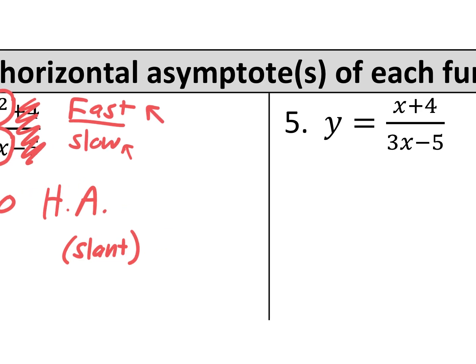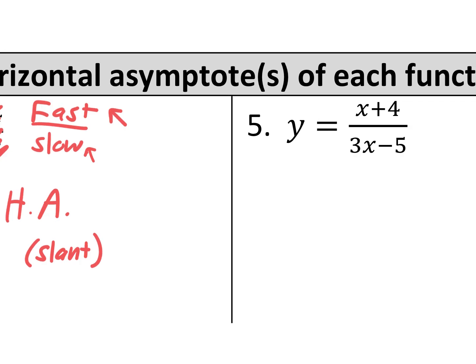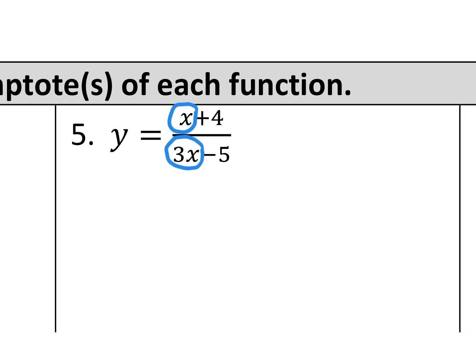All right, let's think about the next one. What's our highest exponent on top? 1, so I'm going to circle whatever has that. What about the bottom? How do the top and the bottom compare in how they grow? They grow equally fast. If they grow equally fast, this is where the rule comes from, where you can only look at the leading coefficients.